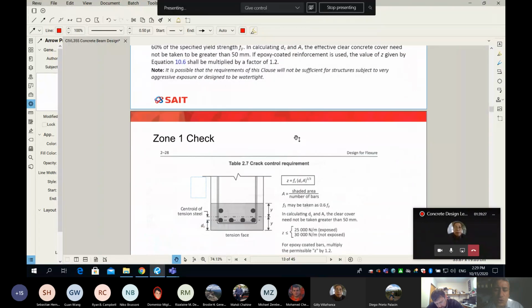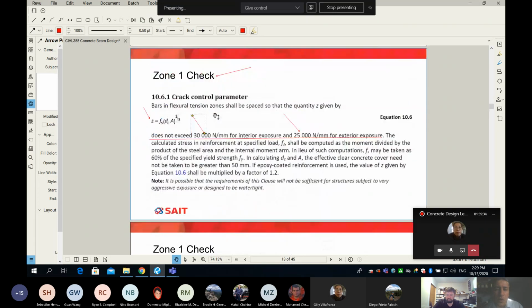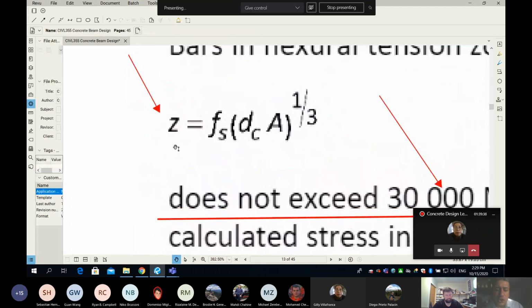Now, what I really wanted to show you is how we estimate the Z. Number 1, let's zoom in. What is the Z? Z is equal to F sub S multiplied by D sub C multiplied by A to the power 1/3. The simplest thing I can tell you right now is Fs.